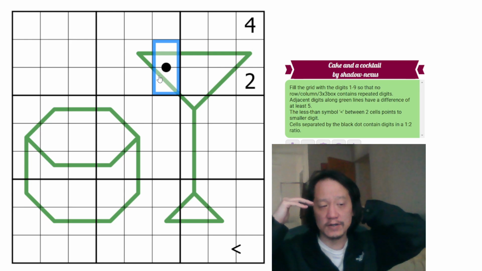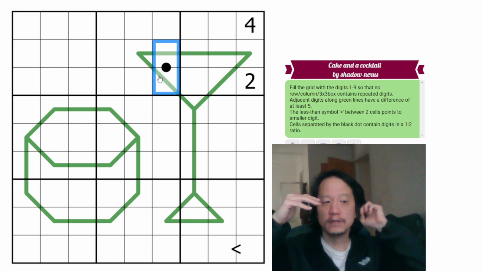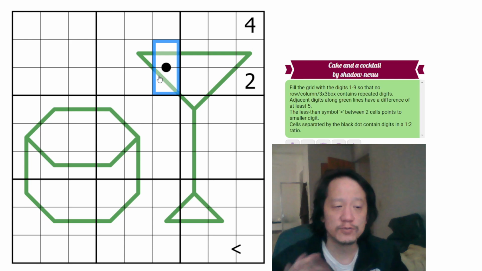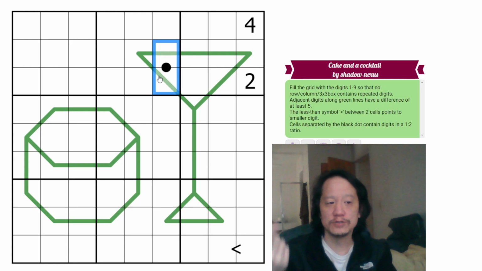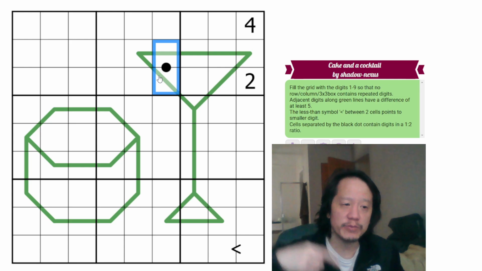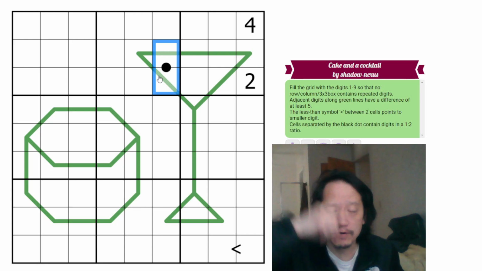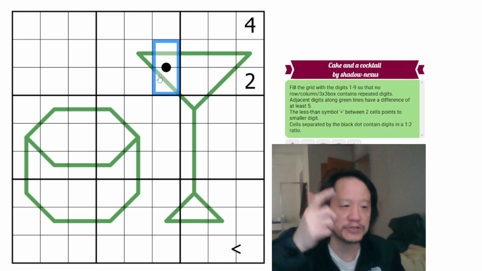Obviously, if you have a 9, a digit next to it on a German whisper line would have to be 1 through 4. That's why it alternates between 1 through 4 and 6 through 9, because 1 is the lowest and 9 is the highest, and it can only be next to, for 1, 6 through 9, and for 9, 1 through 4. And then it'll always alternate between those two.